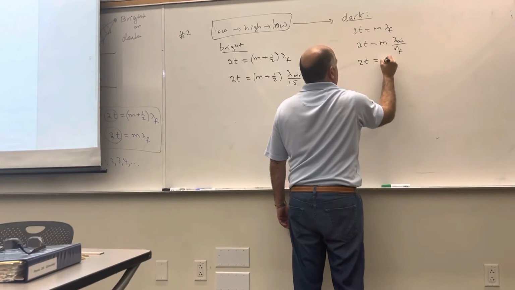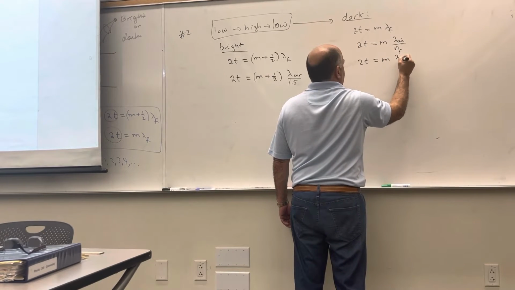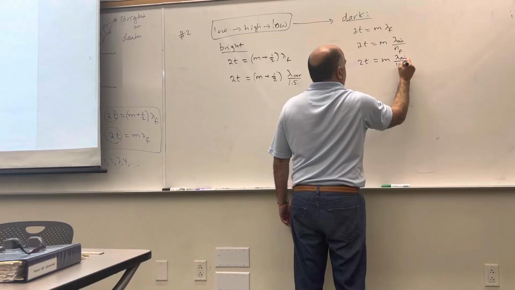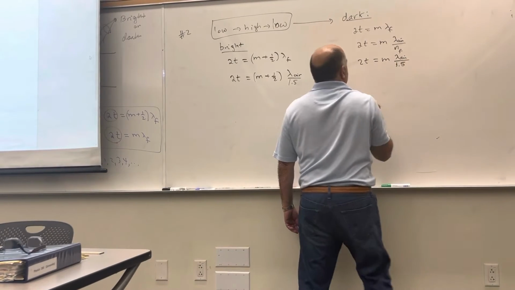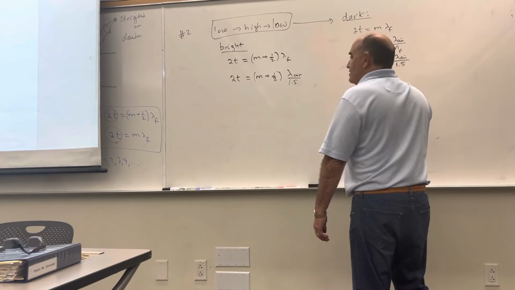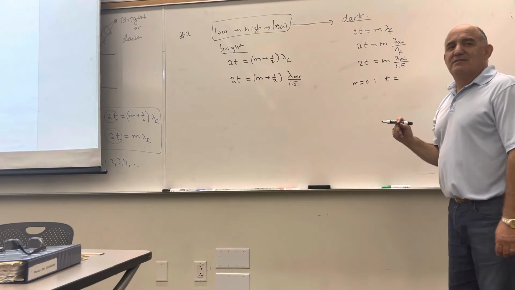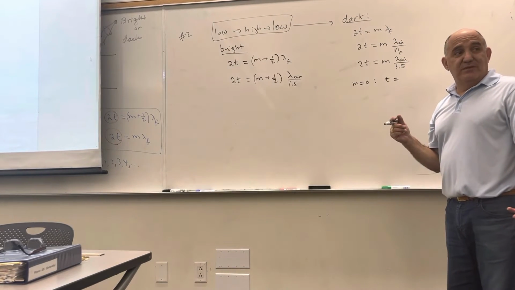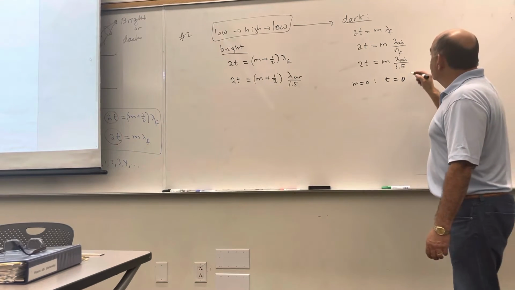So 2t equals m lambda of the light in air over 1.5, right? Now, what happens if I choose m equals 0? What would be the thickness? 0, right? So 0 thickness corresponds to dark.